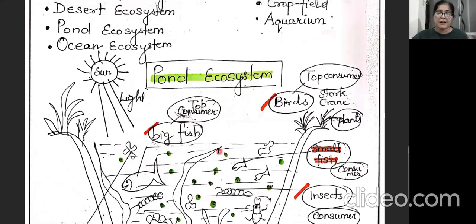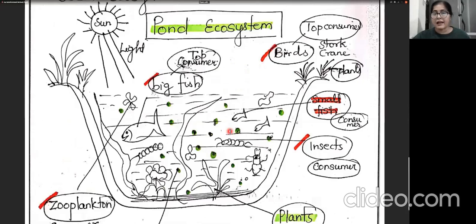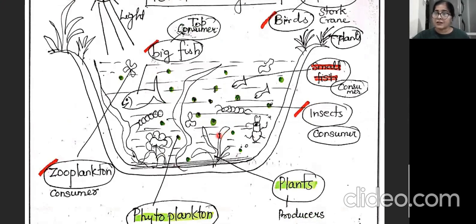Producers are there, consumers are there, and decomposers are there. These three are biotic, living components, and abiotic components are like sunlight, water, temperature, humidity, rainfall, soil, minerals. The abiotic environmental factors are abiotic components.